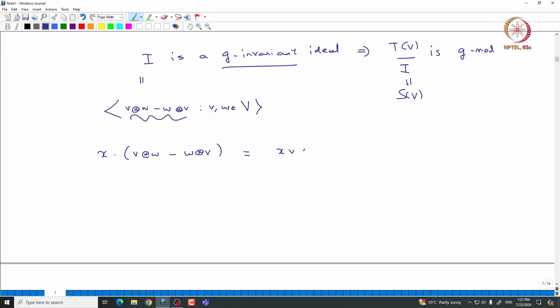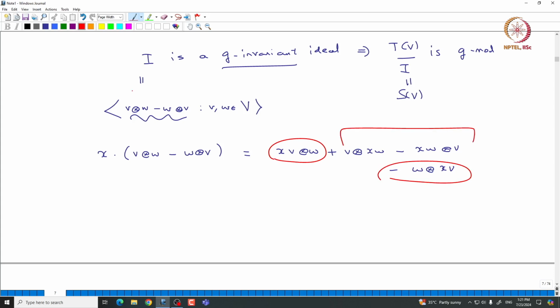We get x V tensor W plus V tensor x W minus x W tensor V minus W tensor x V. So, we can group x V tensor W and minus W tensor x V, and then group the other two elements.